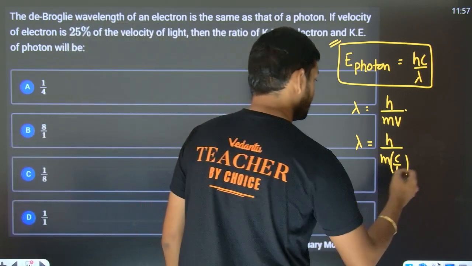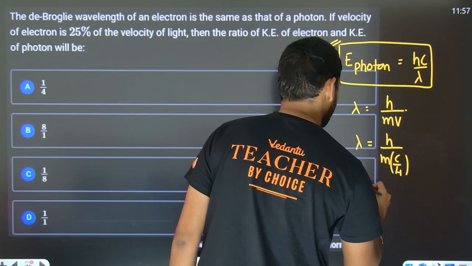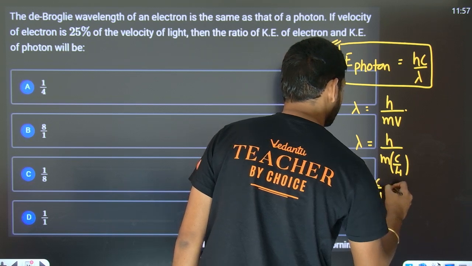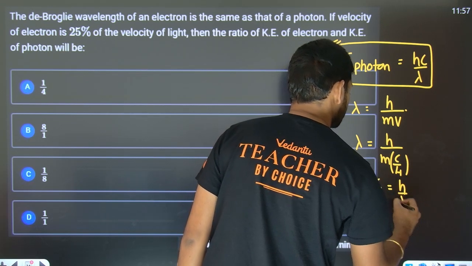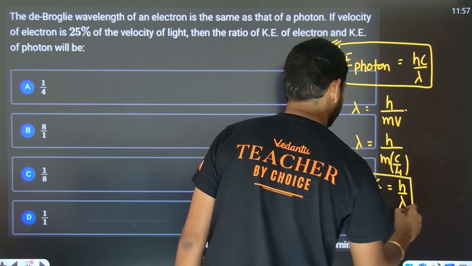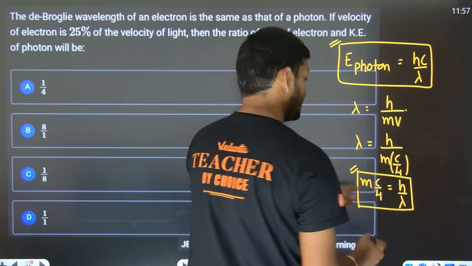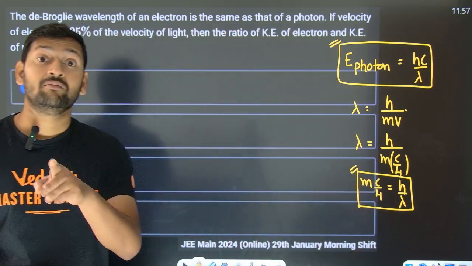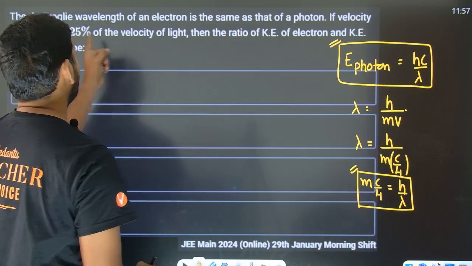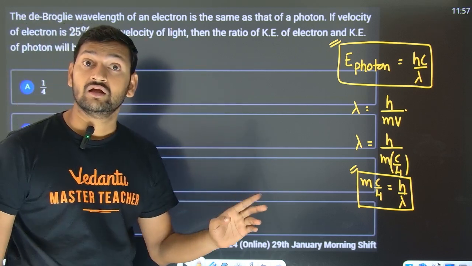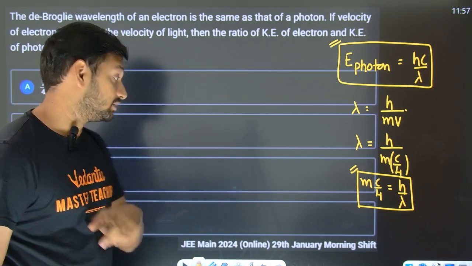So just keep this in mind. m into c by 4 is h by lambda. And what is m into c by 4? Momentum of that electron.